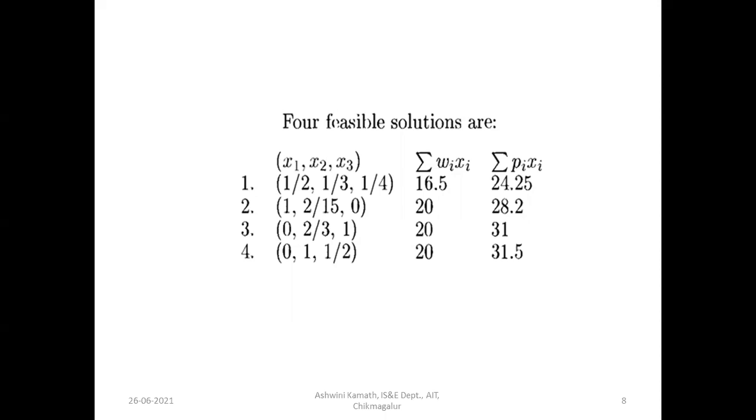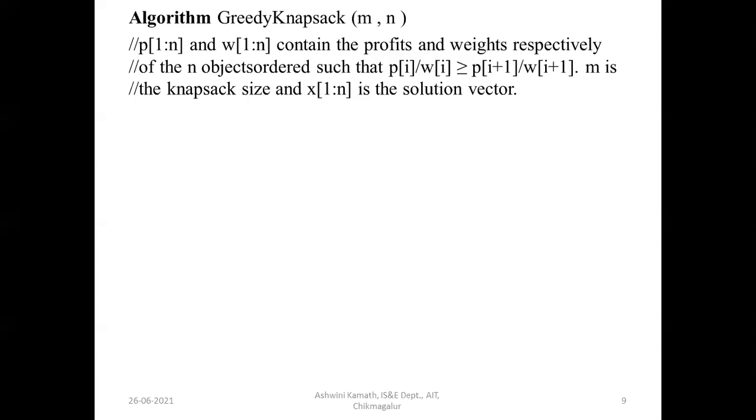I hope you understood. Let us discuss the algorithm. Algorithm greedy knapsack(m, n). P of 1 to n and W of 1 to n contain the profits and weights respectively of the n objects, ordered such that P of i by W of i is greater than or equal to P of i+1 by W of i+1.